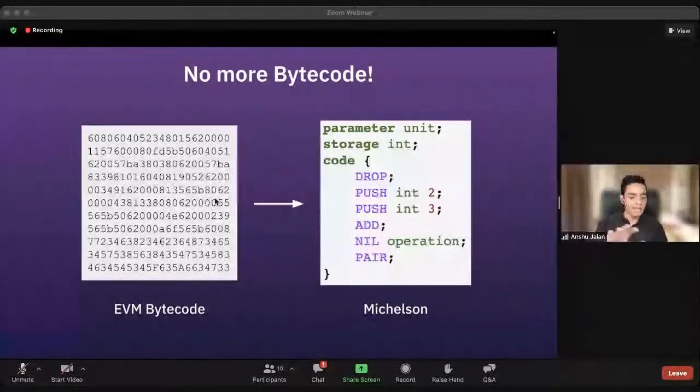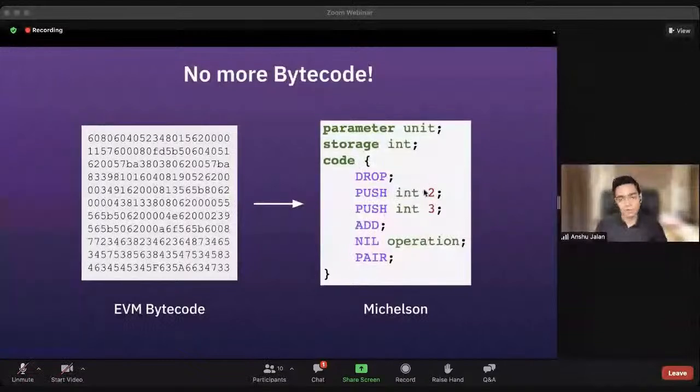This is the code that is eventually fed to the interpreters. And this is just a bunch of hexadecimal numbers, just gibberish. You can't really make anything out of it. But on Tezos, this low-level code, we can't really call it low-level because it's completely human readable. You can even directly code in this, as you can see on your screen. It's called Michelson.